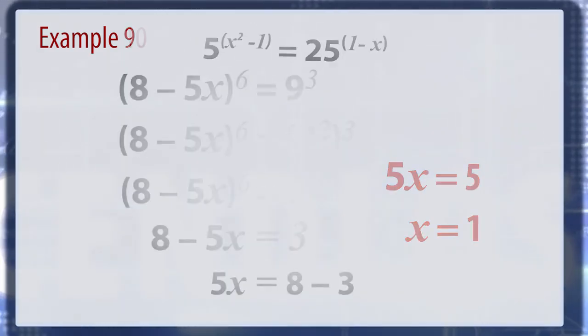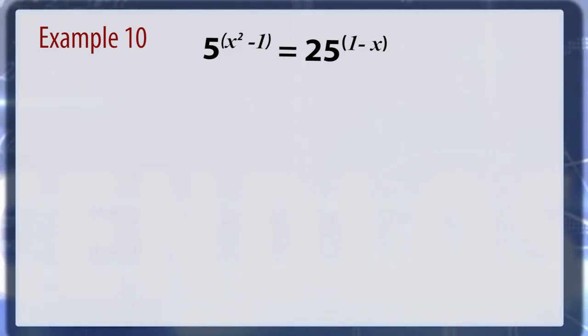Now, in the next example, we have the variable in the exponent but on both sides. But it doesn't change anything. The same process. So let's look at the solution. Because the variable is in the exponent, we have to make sure that our bases are equal.